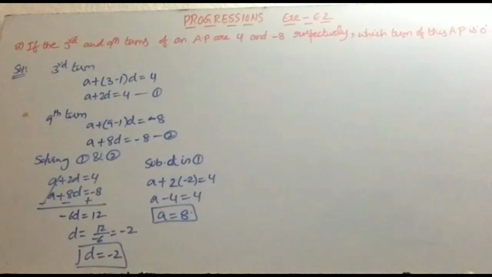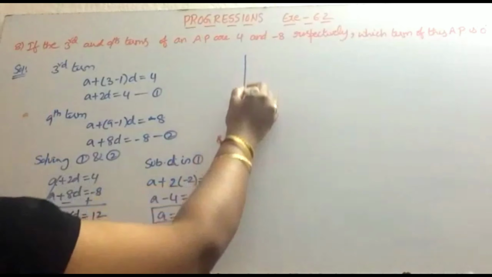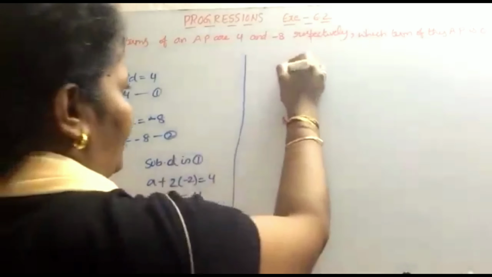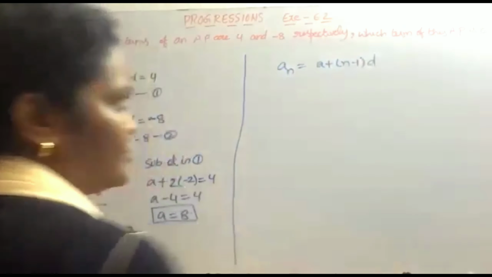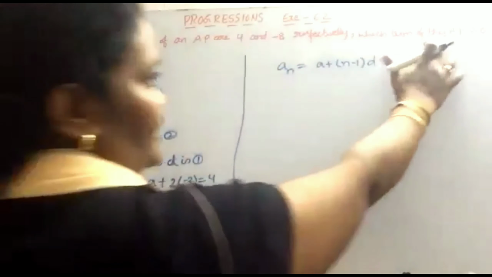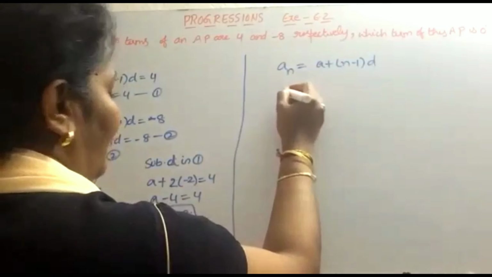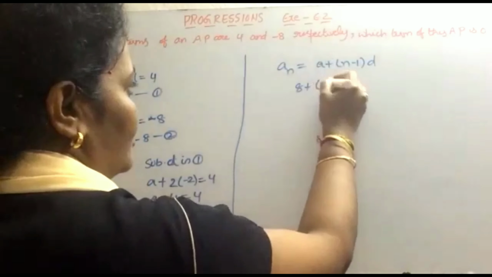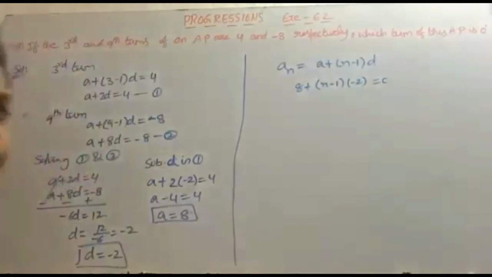Now, which term of this AP is 0? So we have the A value and D value. Then AN is equal to A plus N minus 1 into D. So which term of this AP is 0? Then I will take AN as 0. So A means 8. 8 plus N minus 1 into D, which is minus 2, equal to 0.